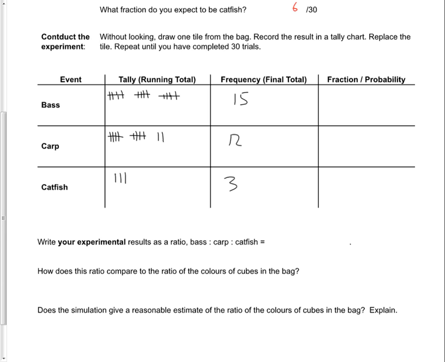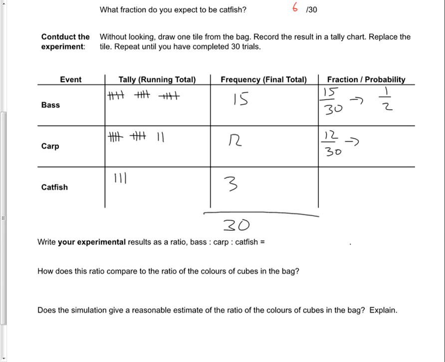I want to figure out what that is as a fraction and ultimately as a percent. I ran this experiment 30 times, and I can total up my frequency to get my total. 15 out of the 30 times, I ended up getting bass. 15 over 30 in lowest terms is 1 over 2, because I can divide both of those numbers evenly by 15. Carp, I got 12 out of 30 times.